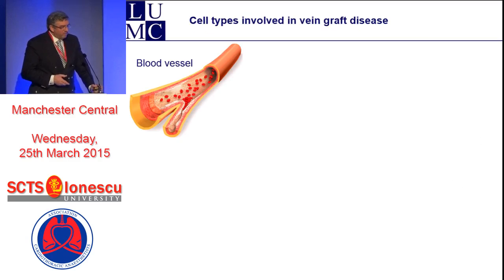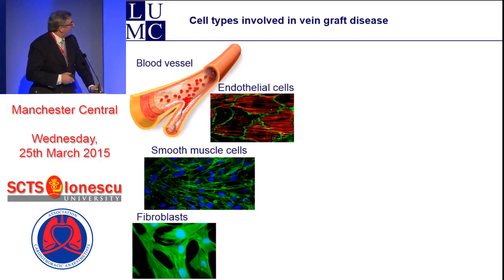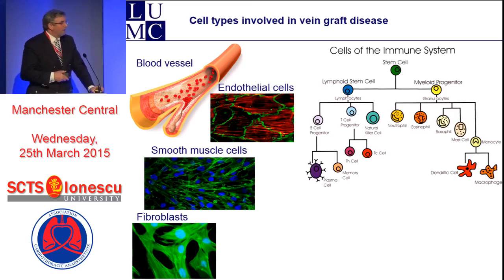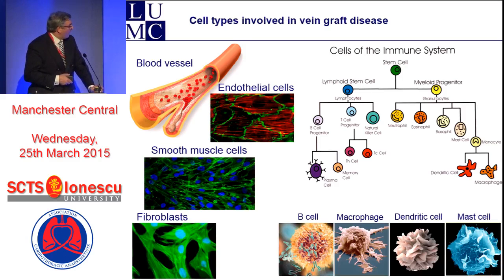If you look at the vessel wall, we know that the vascular cells are important in vascular remodeling in the vein graft: the endothelial cells, the smooth muscle cells, and the fibroblasts. But next to that, I would like to convince you in the next couple of minutes that various cells of the immune system, the leukocytes, the lymphocytic cells, and also the myeloid cells, the monocytes and mast cells, play a crucial role in vascular remodeling in the vein grafts.